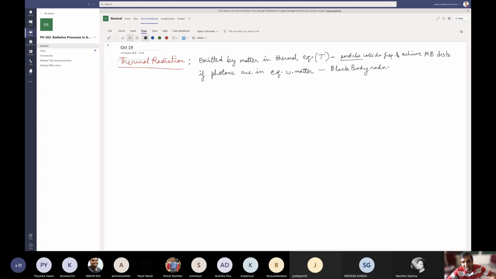If they are able to collide with each other, they achieve a Maxwell-Boltzmann distribution of level populations, for example. And when does the radiation coming out of such matter become black body? The condition for black body is that photons are able to collide frequently with matter. So the matter itself is in equilibrium, but photons are also in equilibrium with matter. That's when black body radiation is achieved.